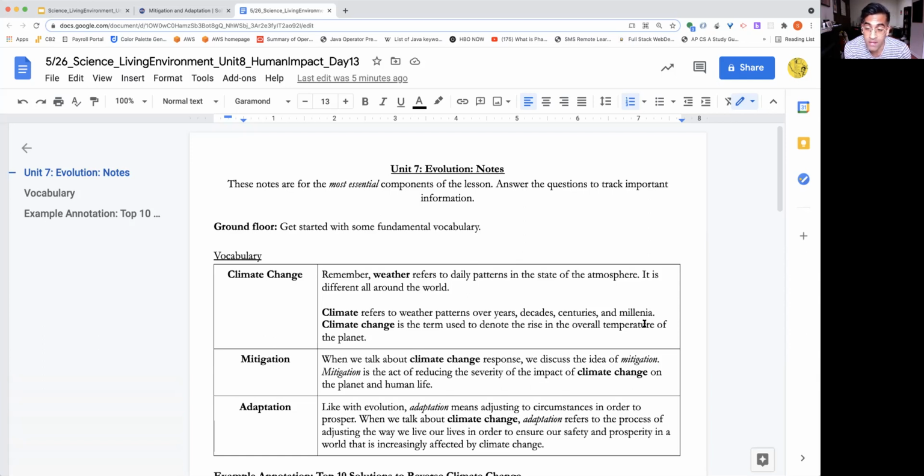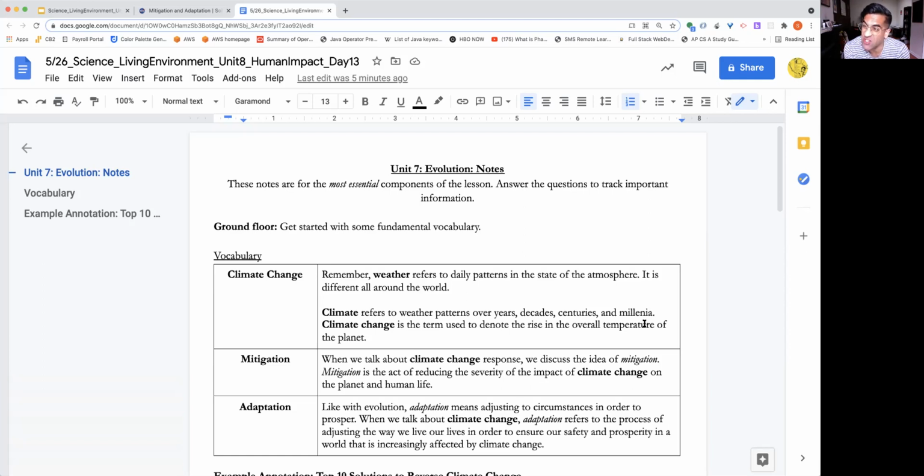If we're trying to mitigate, that means we're trying to turn to green energy or environmentally friendly energy solutions. We're trying to reduce food waste. We're trying to find alternative sources of food so that we're not necessarily burning fossil fuels to process meat, and so on and so forth.